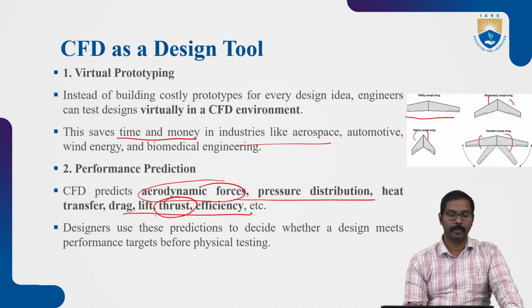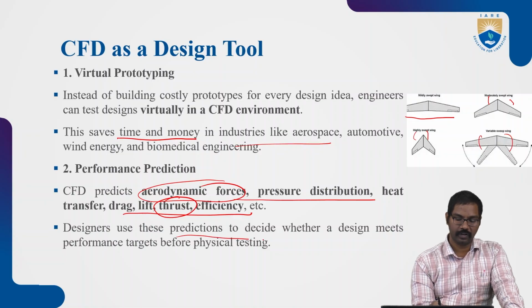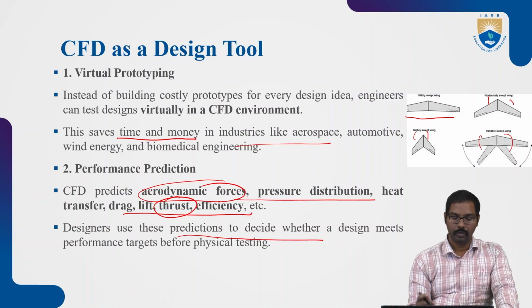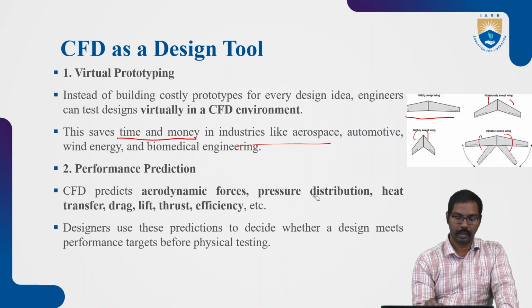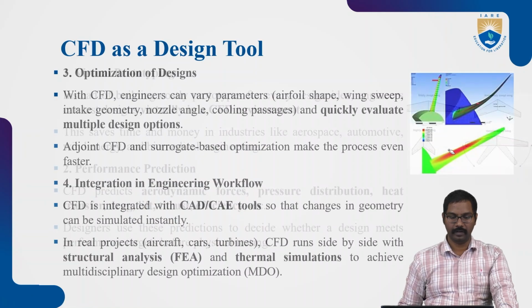So as per the component, we can understand the performance of the product or the tested model by using the CFD. Designers use these predictions to decide whether the design is meeting the performance targets or not. If it is not meeting, then again we have to change the design. So that is one of the advantages of the CFD as a design tool.